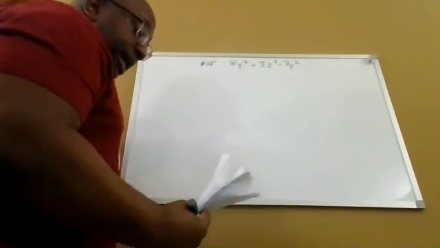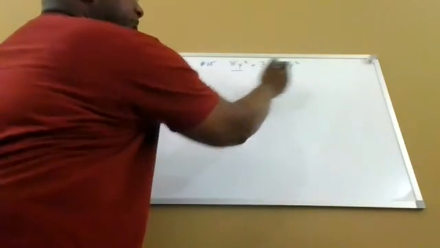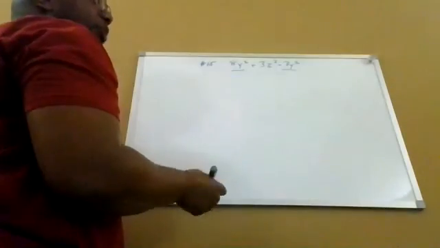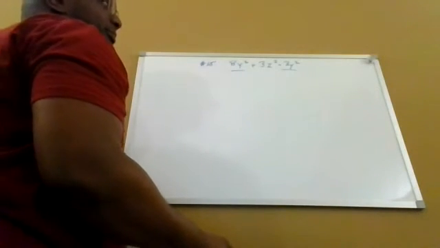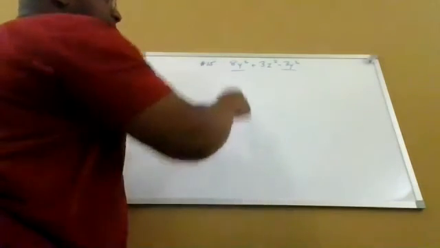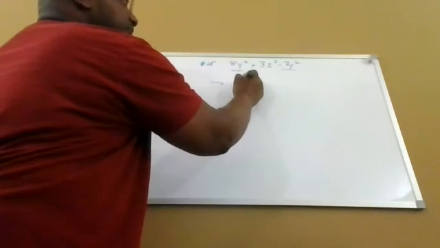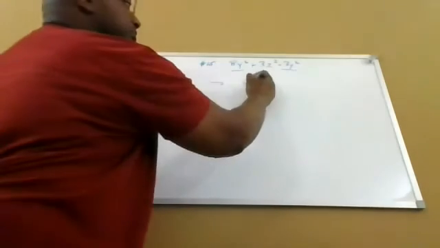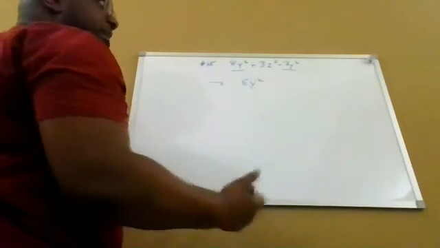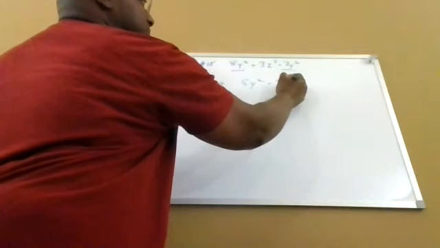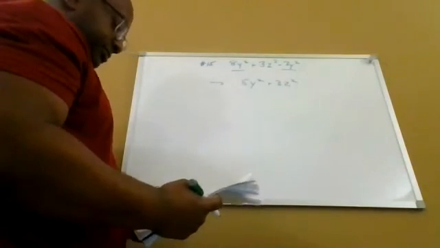Here we want to combine like terms. I have 8y squared here, and I have minus 3y squared for that term. So now I can subtract 8y squared minus 3y squared to give me 5y squared. And then I just bring down the 3z squared. And that was for number 15.